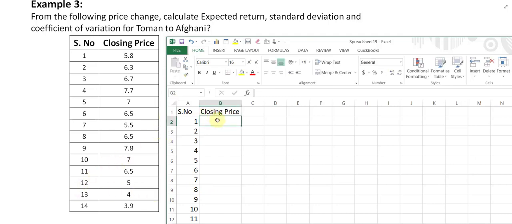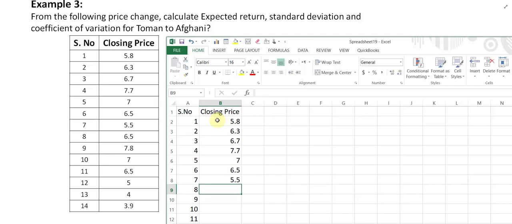Then mention the price change: 5.8, right? I'm going to convert it into Excel. Then 6.3, right? Then the next one is 6.7. The next one is 7.7. After that, of course, it is 7. Then it is 5.6. Then it is 5.5.